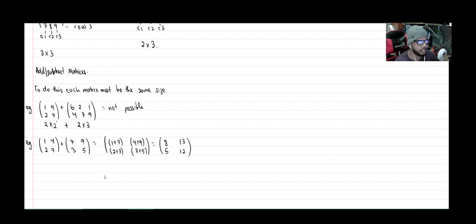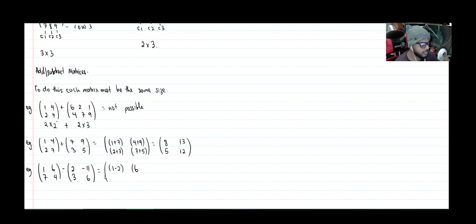The same concept applies to subtracting matrices. So if I have 2 matrices being subtracted, let's say 1, 6, 7, 4, take away 2, minus 11, 3, 6. Well, we subtract each corresponding entry, so I'll have the 2 subtracted from the 1. Be careful here.